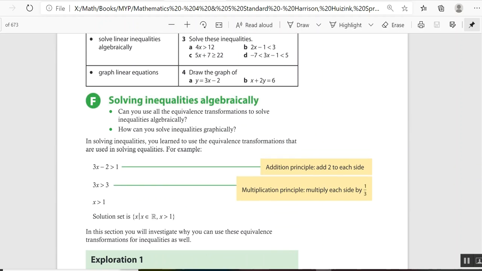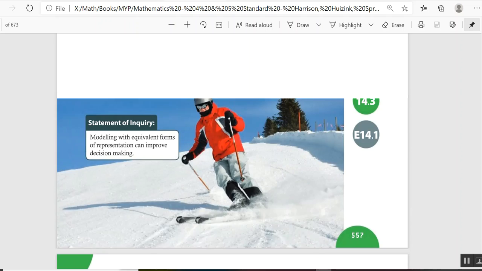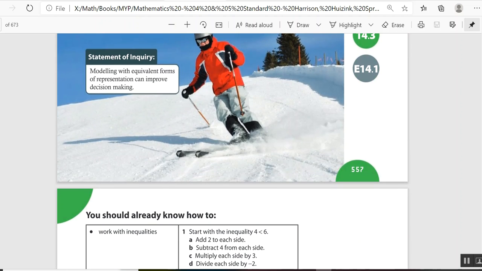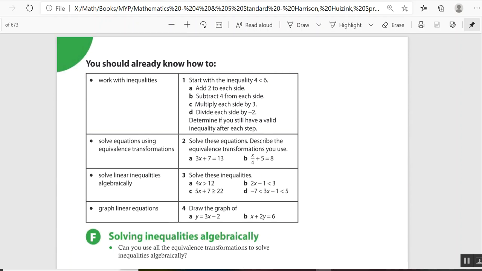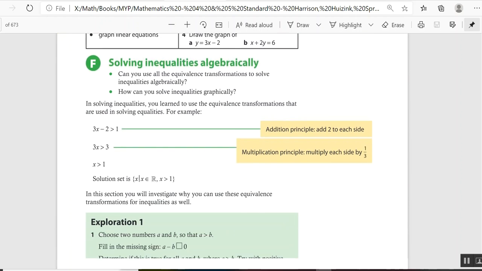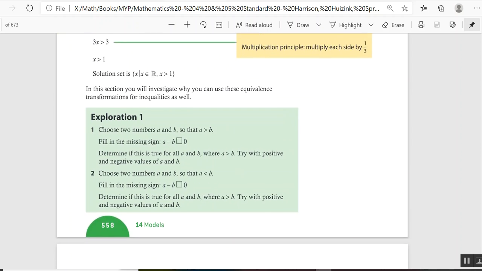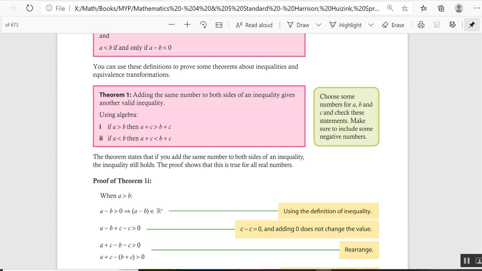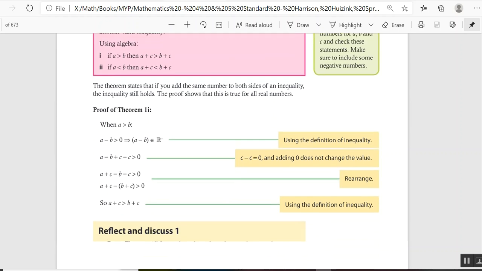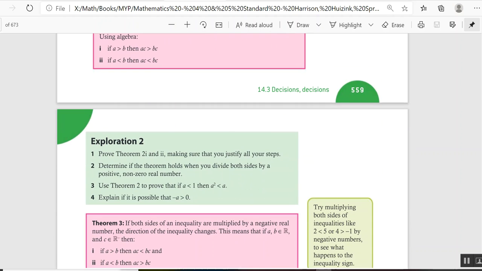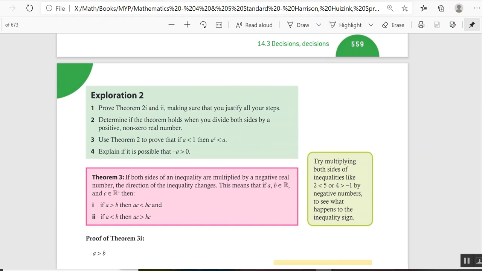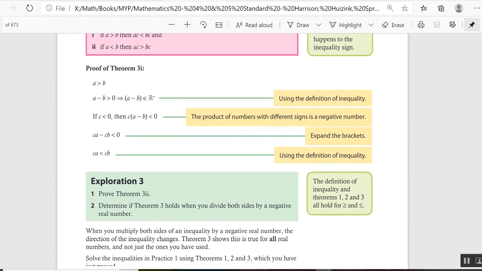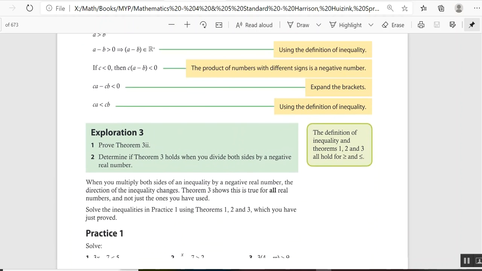We're looking at topic 14.3, page 557. It gives you some little rules. You can go through them and write them down if you feel you need to. This is also the point at which they start asking whether the signs switch or not. Up to you if you want to go through that.